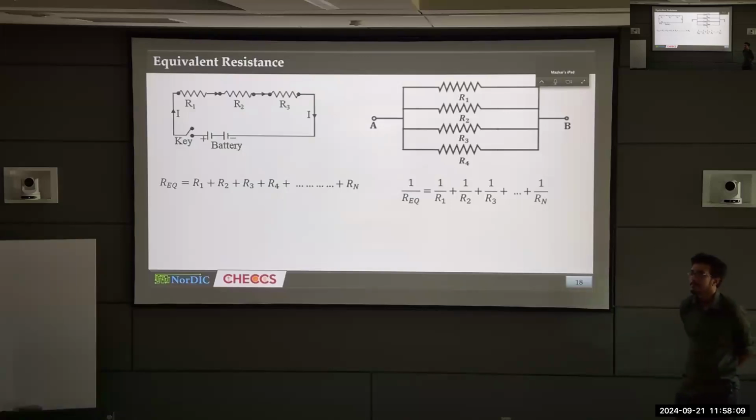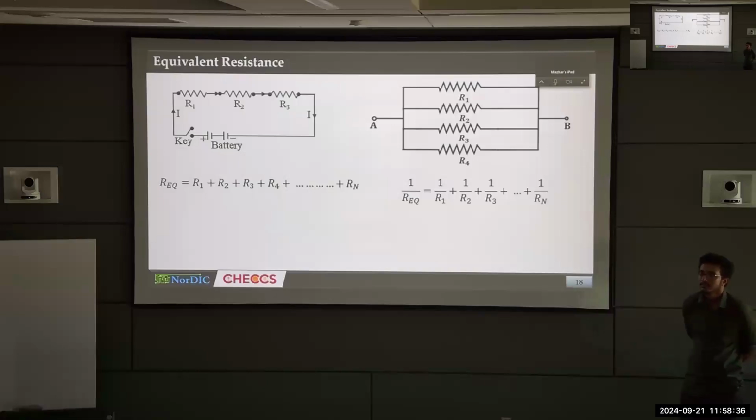So I have high current. This current will be distributed in those different lanes. So I have R1, R2, R3, R4 connected in parallel, like different lanes on the highway, and they will go from point A to point B. The other one to the left, I have very high voltage. Can I put it in one resistance?